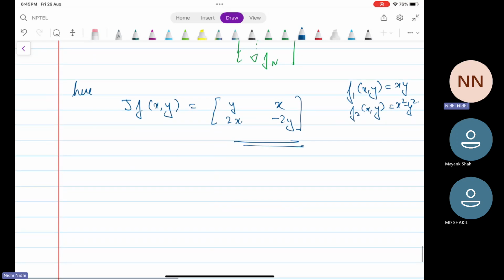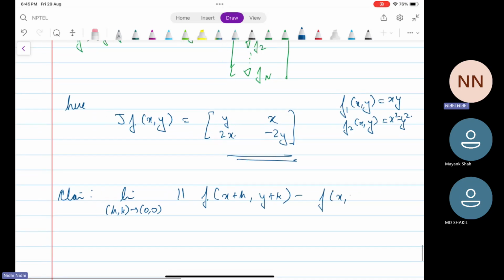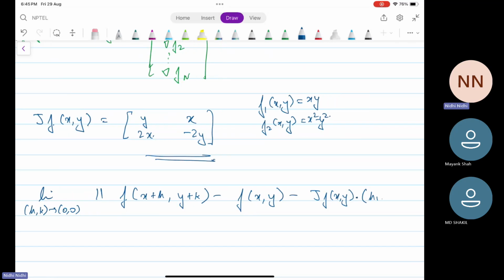That means we claim that the limit as (h,k) tends to (0,0), since we are in R2, of the norm of f(x+h, y+k) minus f(x,y) minus Jf(x,y) times the vector (h,k), divided by the norm of (h,k), converges to 0.